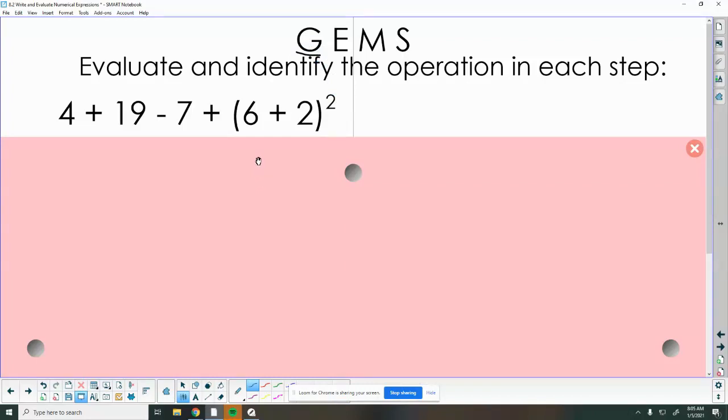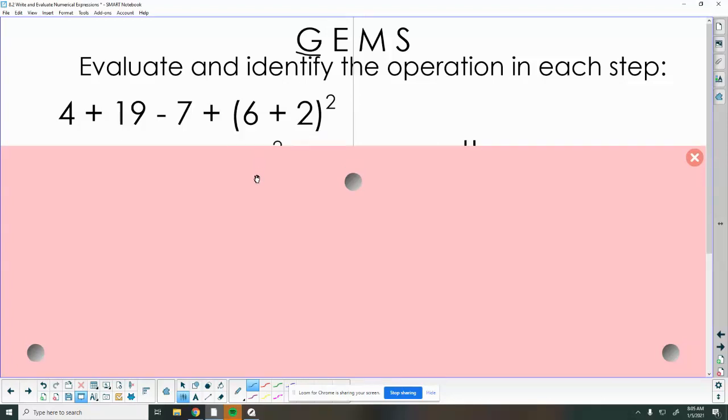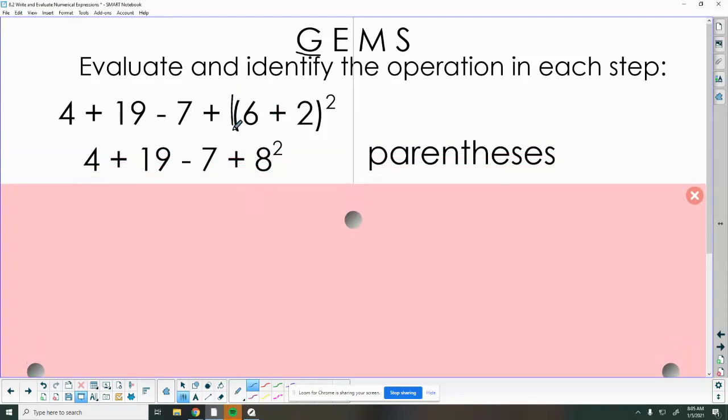Let's go ahead and do anything in the parentheses and bring everything else down. So 6 plus 2 is 8. We still need to square that. Bring the other parts down. So we just completed the parentheses. So we have no more parentheses.